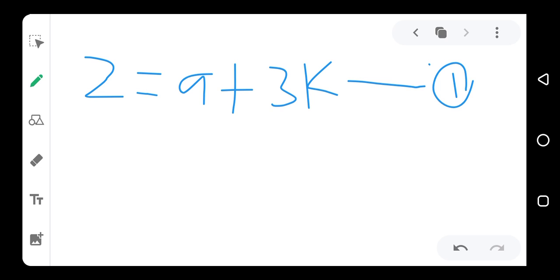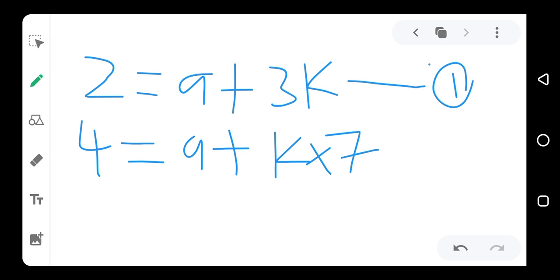Then x is equal to 4 when y is equal to 7. That is k times 7.